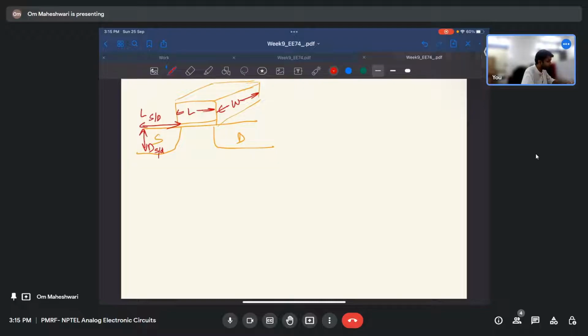Okay. So for NMOS, what is given? L equal to 0.18 micrometer, width equal to 1.8 micrometer, and the doping is given.